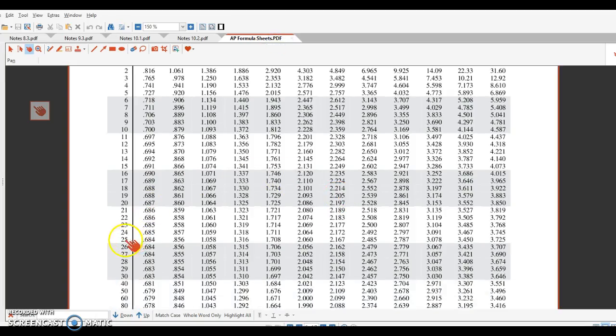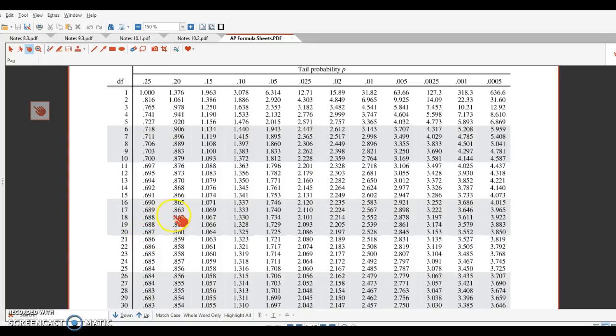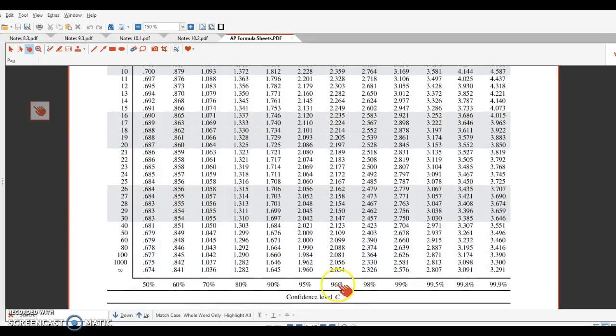So I'm going to go down to row 25, and then across the bottom you have the confidence levels. So I'm going to 25 degrees of freedom and over to 96% confidence level, and there is my 2.167. Now remember, with proportions we just used this last line, and it was just based on confidence level.